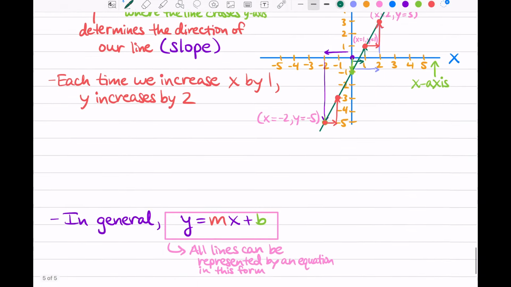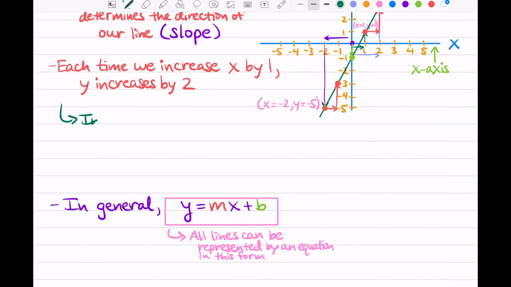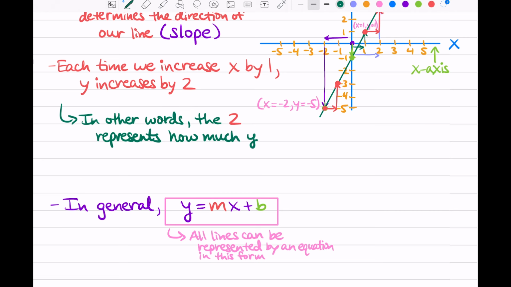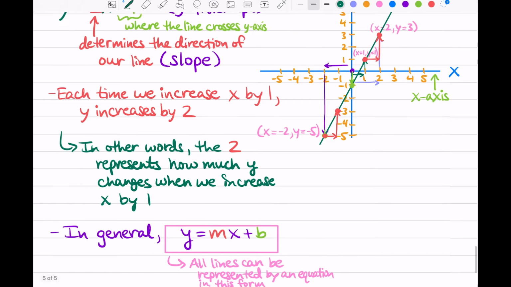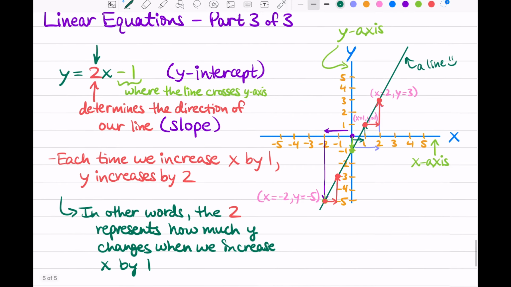So in other words, the 2, our red 2 here, represents how much y changes when we increase x by 1. The 2 represents how much y changes when we increase x by 1.